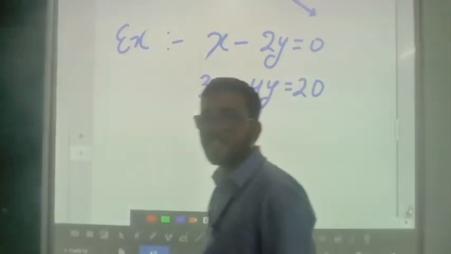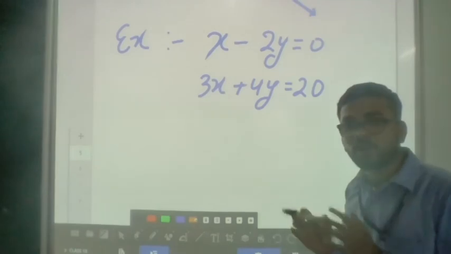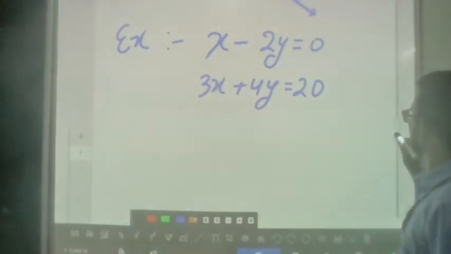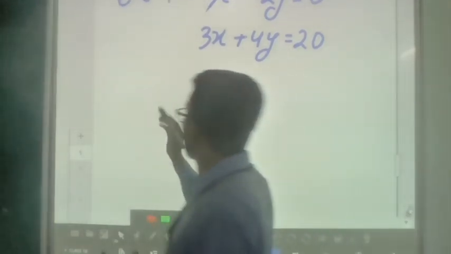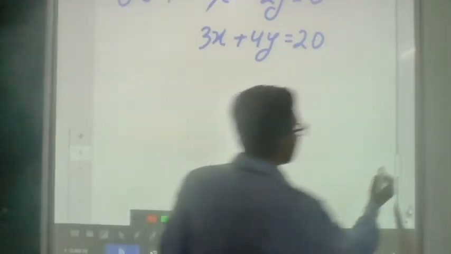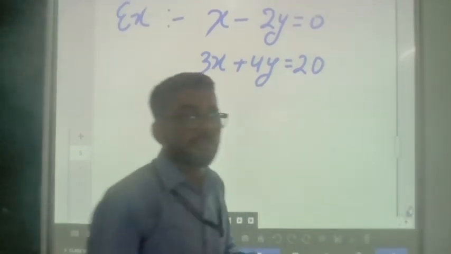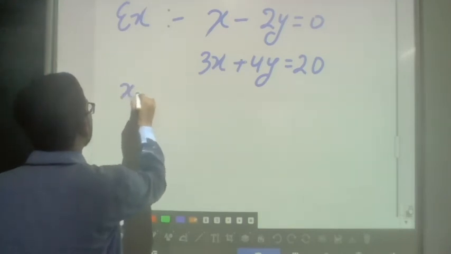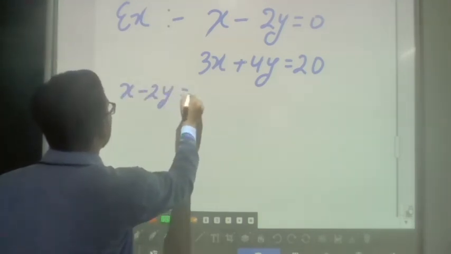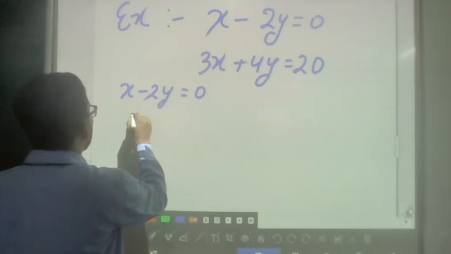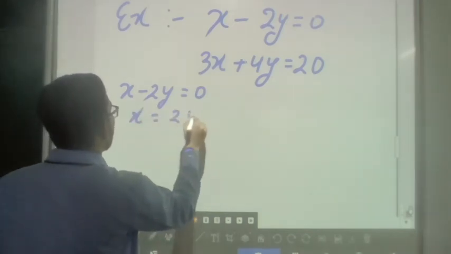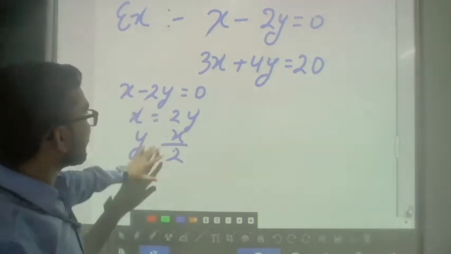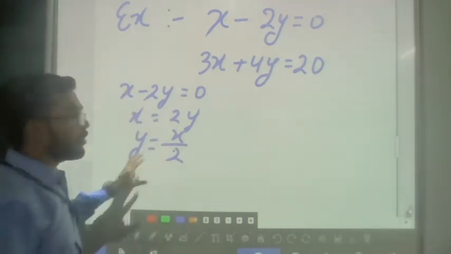This is a pair of linear equations and we need to draw it on a Cartesian plane, meaning on graph paper. First we write each as a single variable: x minus 2y is equal to 0 gives x is equal to 2y, so y is equal to x upon 2.